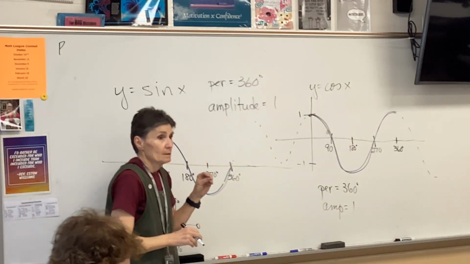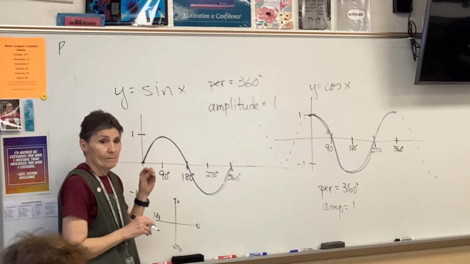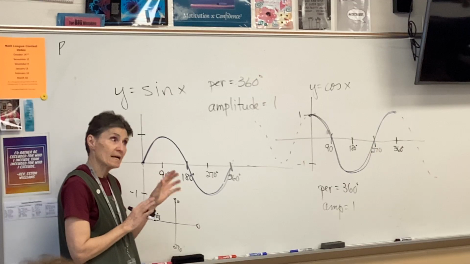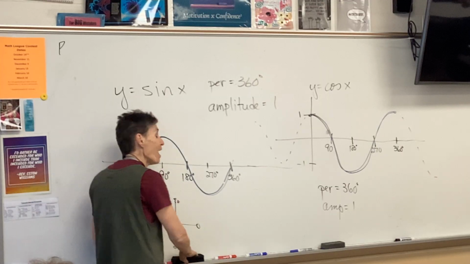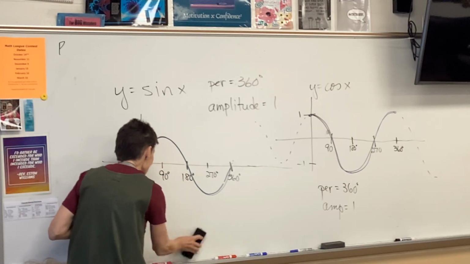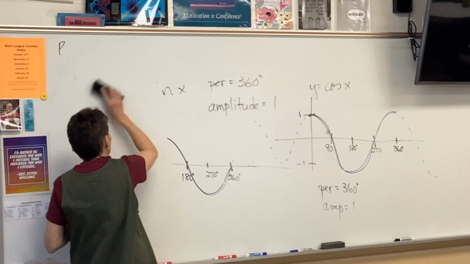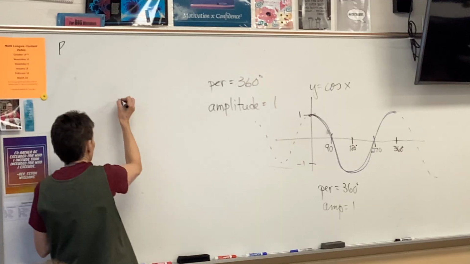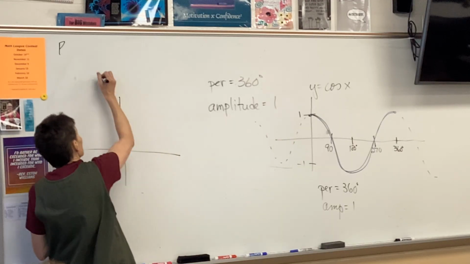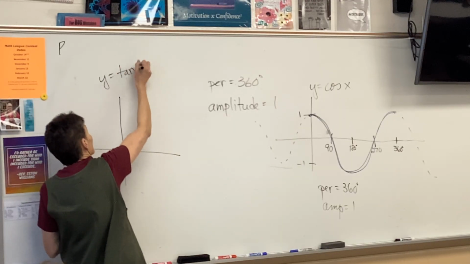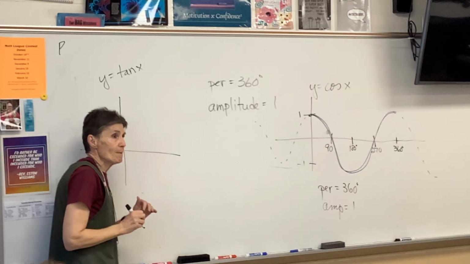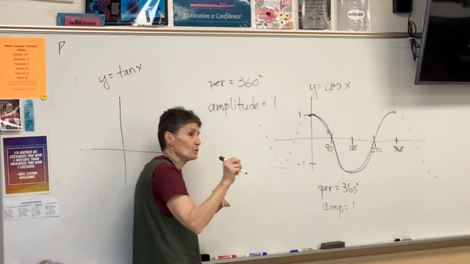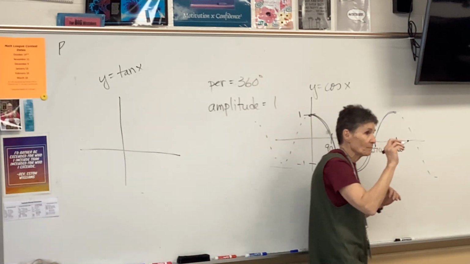Okay? Good? Because now I'm going to throw the tangent at you. That was not a BFF, and it looks different. So let's get a tangent up. Do you remember when we were doing those circle problems?